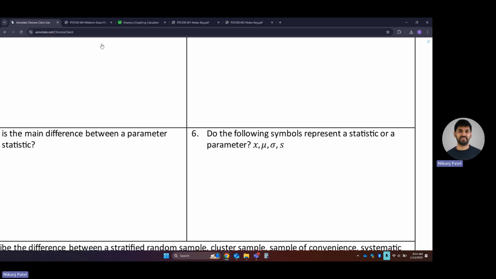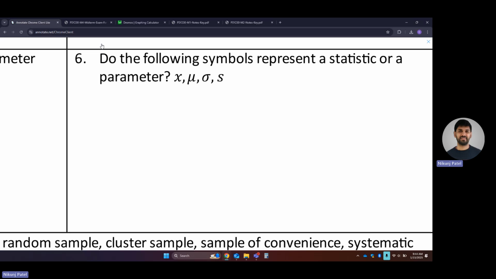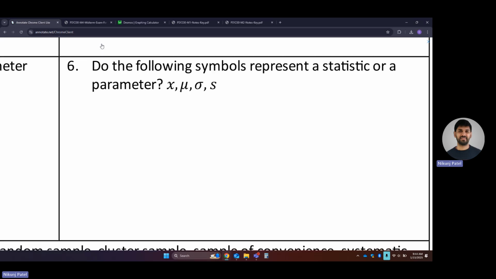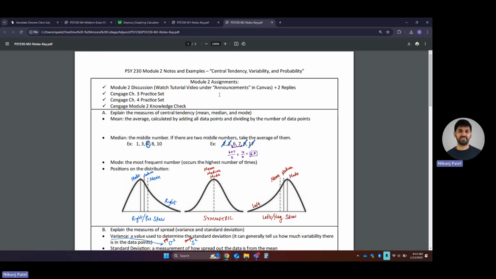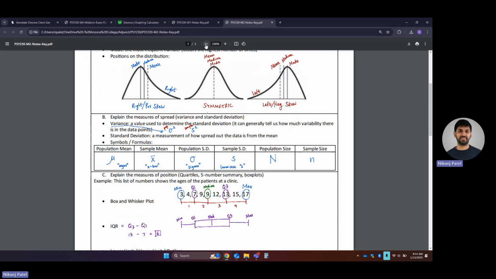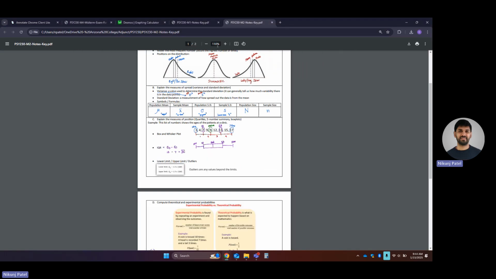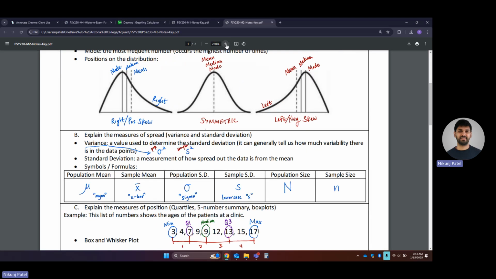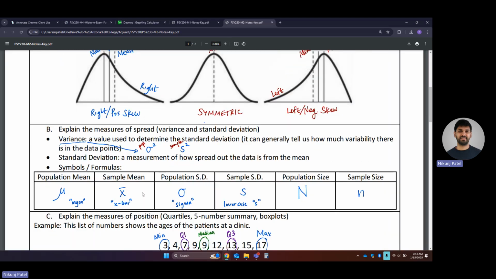Looking at number 6 now. Do the following symbols represent a statistic or a parameter? So this was actually in your Module 2 notes page, but it kind of overlaps between the both. But looking at your Module 2 notes, we had this box right here that we filled out in Section B that had various symbols and terms and what term goes with which symbol.